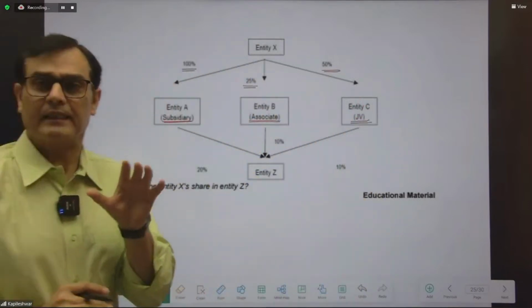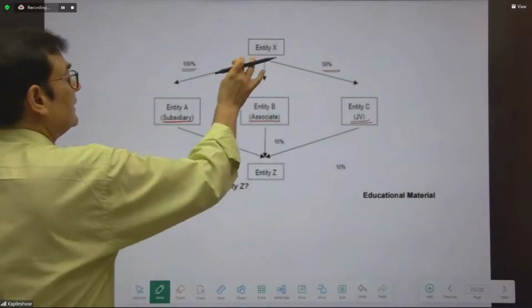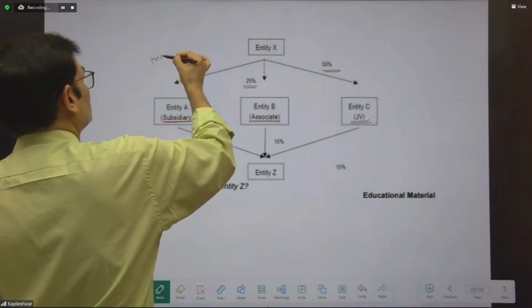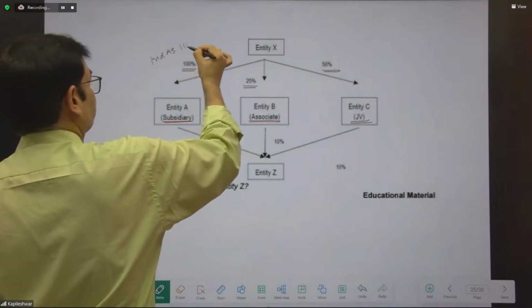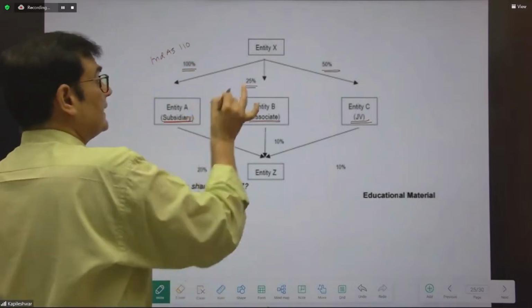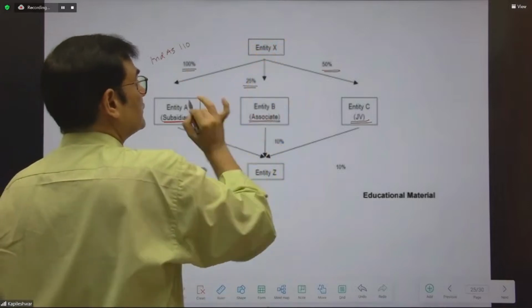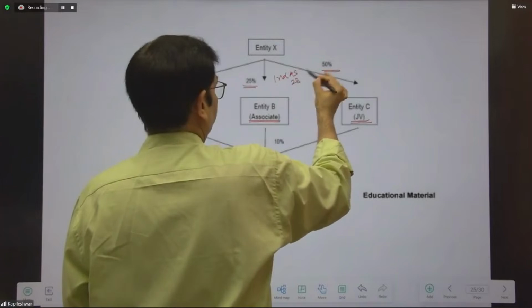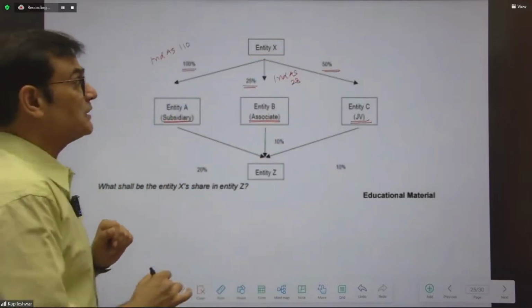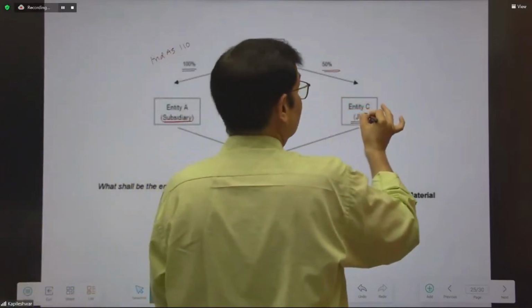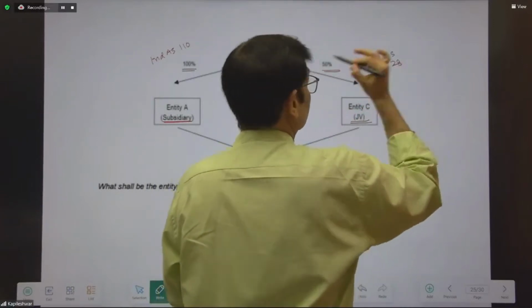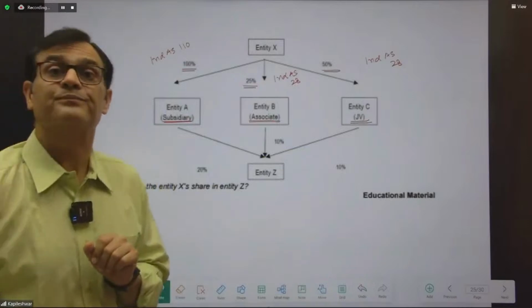Now, let me clarify a few things. Entity X will consolidate the subsidiary by virtue of Ind AS 110. Entity X will consolidate the associate company by virtue of Ind AS 28. And entity X will also consolidate entity C by virtue of Ind AS 28 because it is a joint venture, not 111.